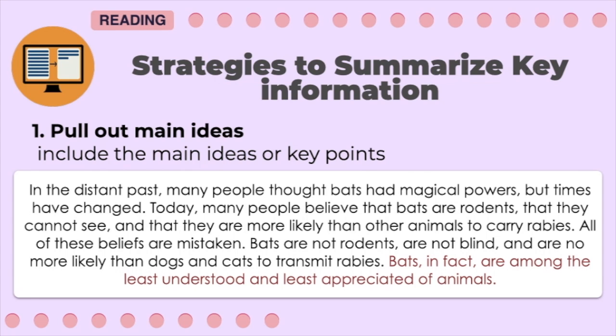All of these beliefs are mistaken. Bats are not rodents, are not blind, and are no more likely than dogs and cats to transmit rabies. Bats, in fact, are among the least understood and least appreciated of animals. The main idea in the text is: bats, in fact, are among the least understood and least appreciated of animals.